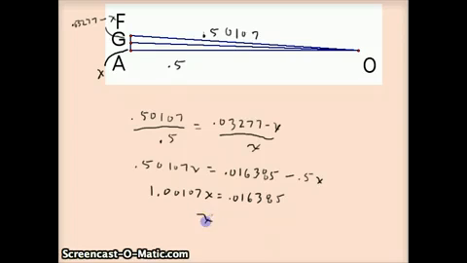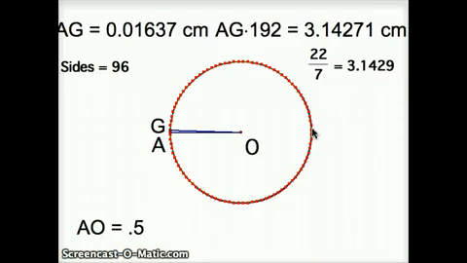And when you divide both sides by 1.00107, you get our value of x, which is AG, approximately 0.01637. Now this is 1/2 of one side of the 96gon, so I'm going to multiply that through by 192 and get 3.14271, which is where Archimedes is going to stop.